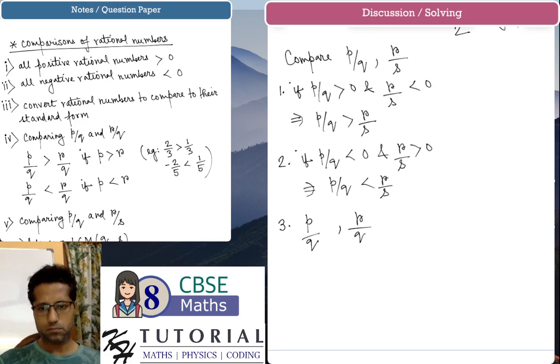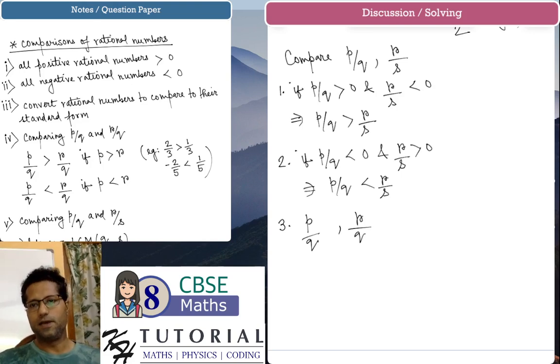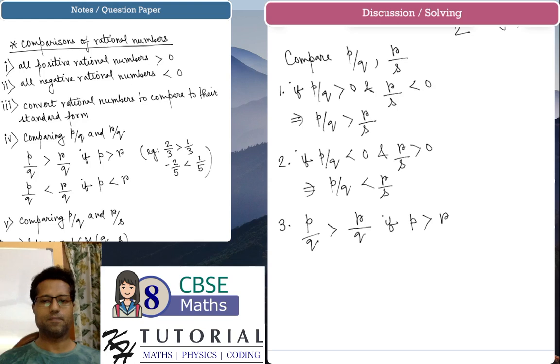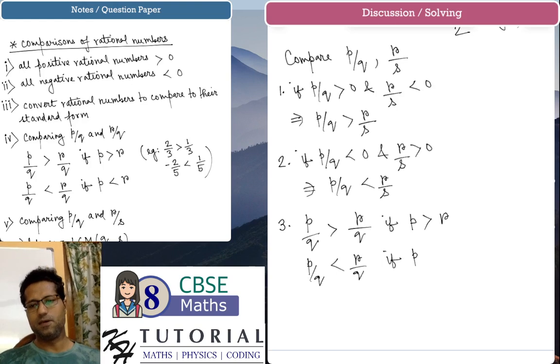So we say that the rational number p by q will be greater than the rational number r by q if p is greater than r, and the rational number p by q will be less than r by q if the numerator p is less than the numerator r.